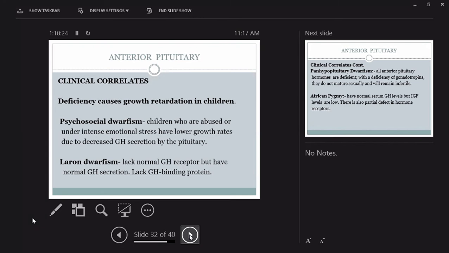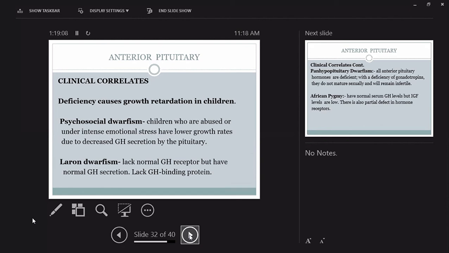Deficiency causes growth retardation in children, such as psychosocial dwarfism. Children who are abused or under intense emotional stress have lower growth rates due to decreased growth hormone secretion by the pituitary. Children also who work, just like the child actors and actresses. Are you familiar with the child actor before, Nino Molak?